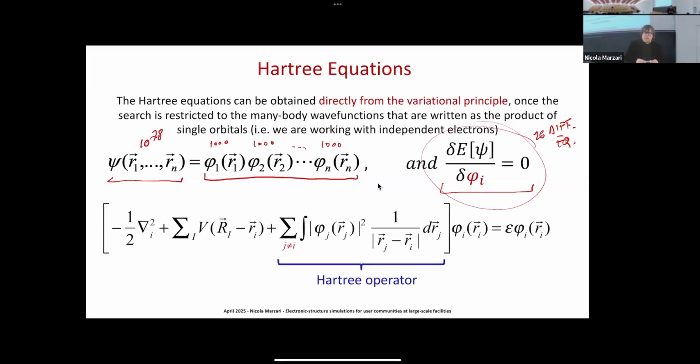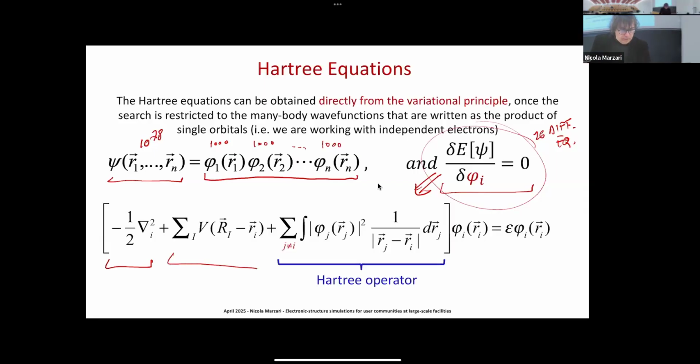All these 26 equations look the same, and they look almost like a Schrödinger equation. So I haven't done the math. It's a couple of pages of hardcore functional analysis, but it's not impossible. And the Hartree equation tells me that what each of these phi 1, phi 2, phi 26 need to satisfy is a Schrödinger-like equation where for each electron you have a quantum kinetic energy term.